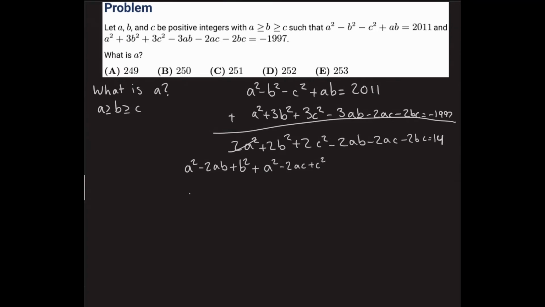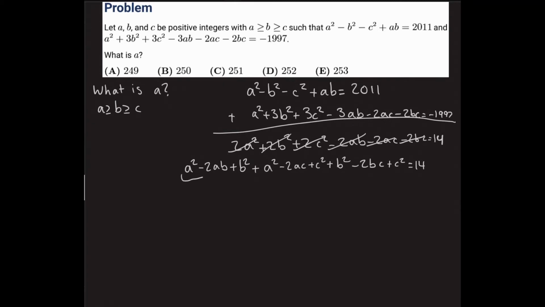Now we've eliminated the 2a squared because we have a squared here and we have a squared here. And then finally I'm going to do b squared. So then we've eliminated the b squared. And then also we've already eliminated these two. Then minus 2bc. So we've eliminated that one. And then plus the other c squared. So then we've eliminated the 2c squared. And this is still equal to 14.